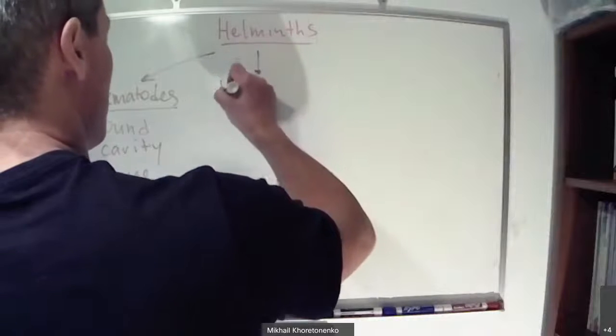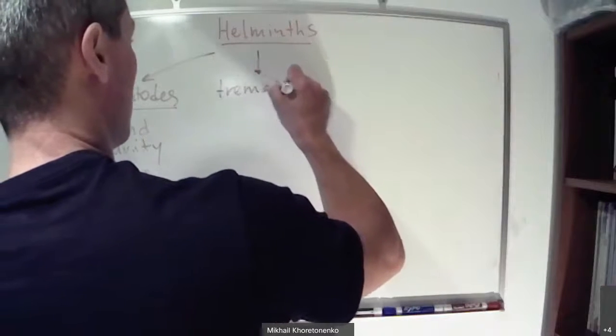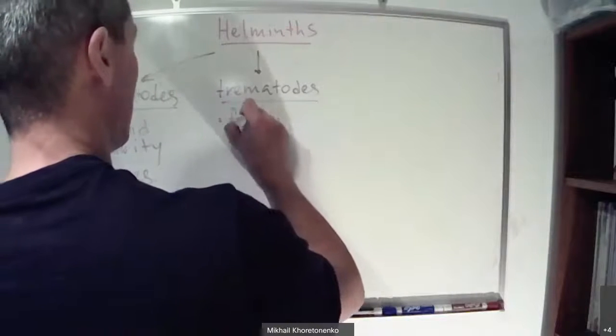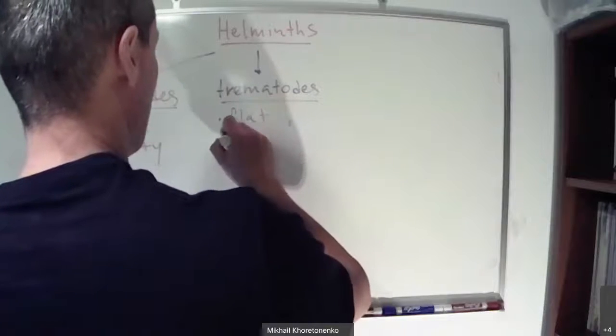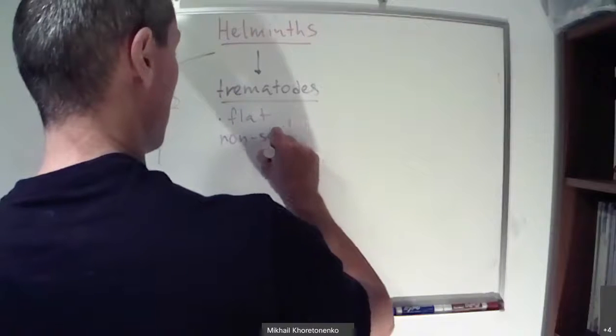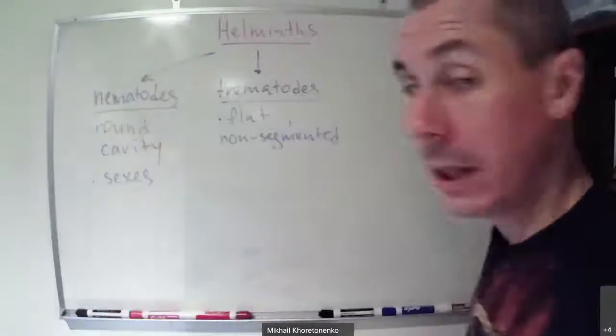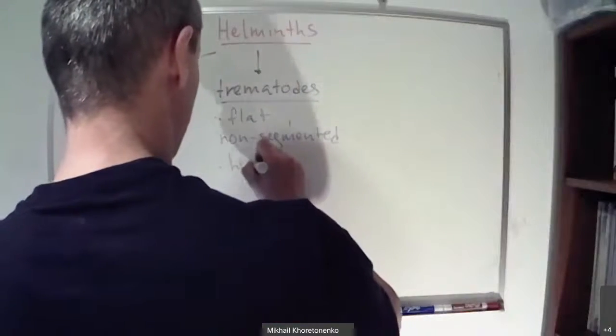The second group are trematodes. Trematodes are flat, non-segmented worms that have no body cavity, and they are hermaphrodites.